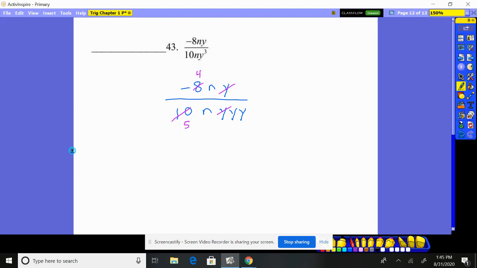So it becomes a 4 and a 5. So the final answer up top, negative 4n. Oh, no sirree, Bob. Somebody got a little too excited there, forgot to cross out the n's. So I'm left with negative 4 up top, down below a 5y squared. That was not intentional, but I noticed very quickly, wait a second, I forgot to cross somebody out.